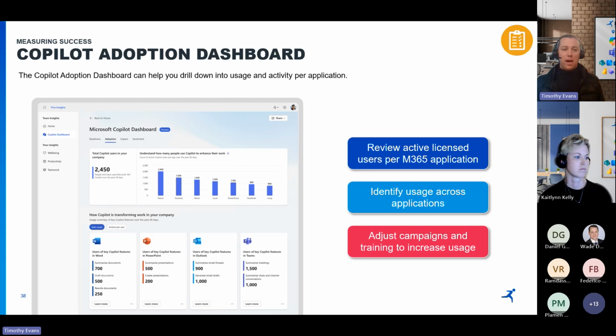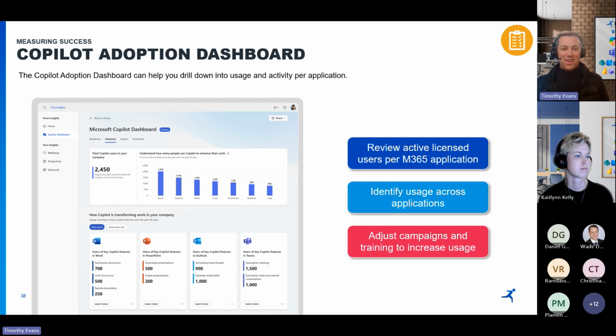I've talked a little bit about the Copilot adoption dashboard. The Copilot adoption dashboard is available through Viva Insights when you procure those Copilot licenses. So the dashboard can really help you drill down into activity, active user counts, how folks are using Copilot, and how usage compares across different departments within the organization.